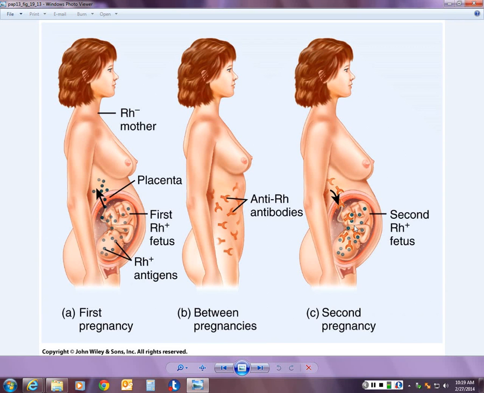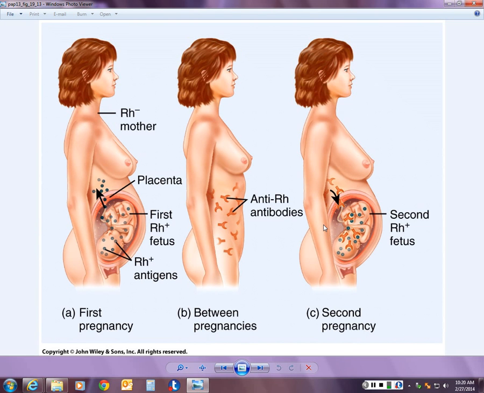If she should go out and get pregnant a second time and that baby also be RH positive, that second child would be in a problematic situation. This is because RH antibodies are much smaller than cells, and those RH antibodies would be capable of passing through the placental barrier, binding to the RH antigen in the baby's blood, and triggering hemolysis or destruction of the baby's red blood cells.